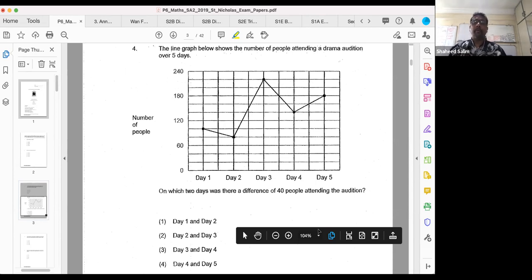Difference of 40, come on. Darwish not correct.